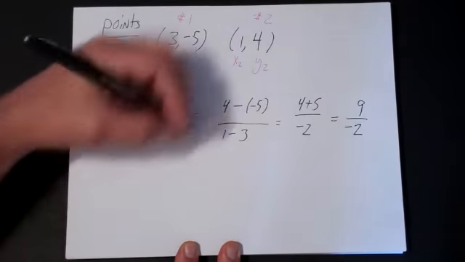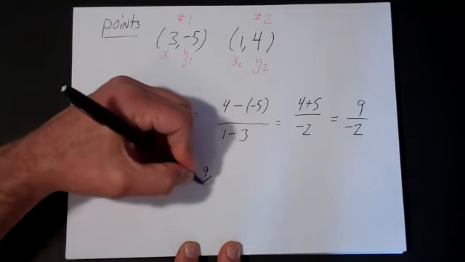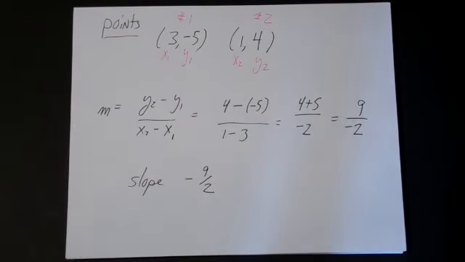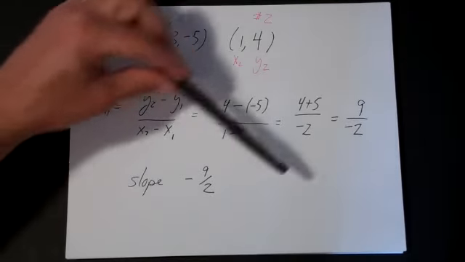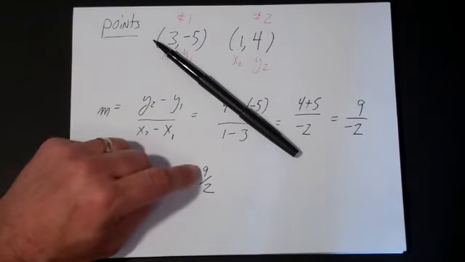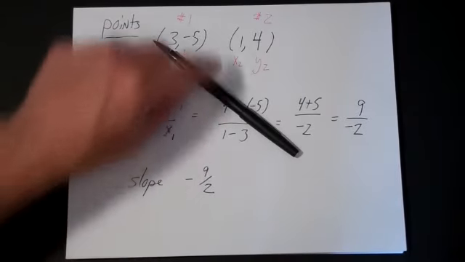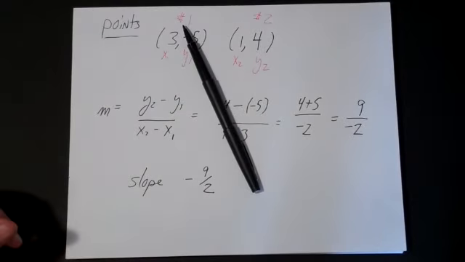So you have 9 over minus 2, or you have a slope of minus 9 halves. What that means is that the negative slope means it slopes downward. And the fact that it's 9 over 2 means that you have a rise of 9 for a run of 2. So it looks something like that.